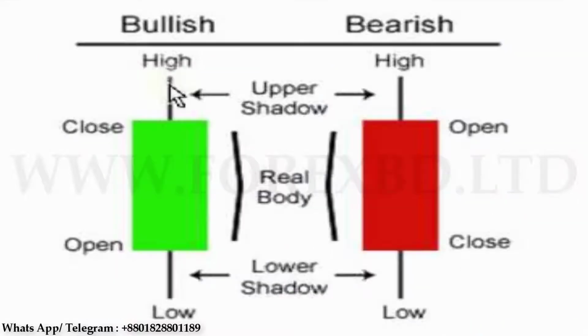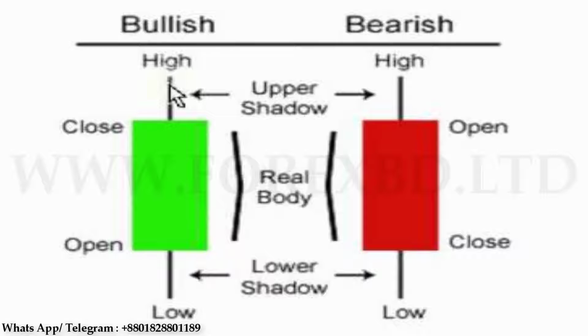So let's go. The green candle you see here is called the bullish candle. The bullish candle starts from the bottom, so it's called opening, and this candle goes up and ends, so the last place is called closing. And the rest of the spots you can see here are called shadow, and the colored side is the real body. Again, the red candle you see is called a bearish candle.